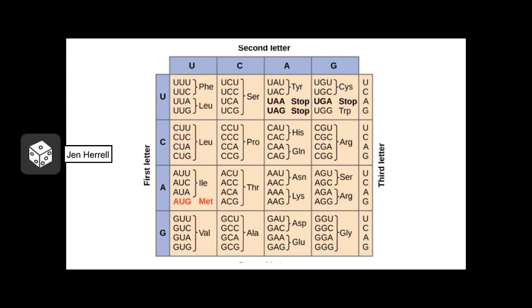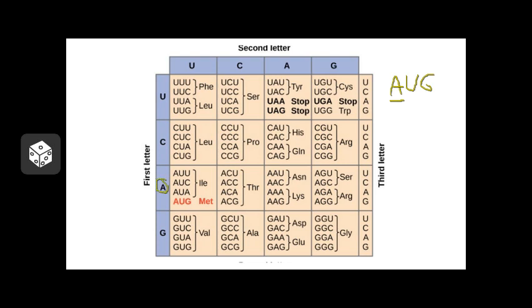Now, cells are able to decode the codons all by themselves, but how do we know which amino acids each codon stands for? Well, for that, we're going to use a handy-dandy chart. Let's say, for instance, that we have our first codon, AUG, and we want to know what amino acid that's going to translate into. To use this chart, I'm going to find my first letter A on the left-hand side of the chart. Here's the A's.